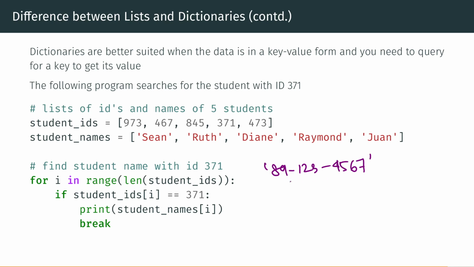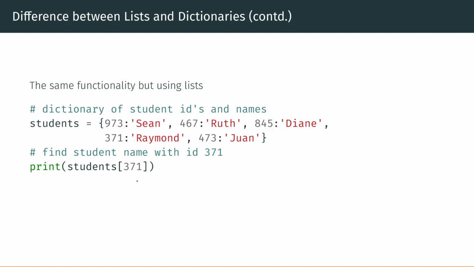You can also use strings instead, because dictionary keys can be numbers or text or floating points, anything. So instead of 371, you would say students, and then within square brackets 8 9 1 2 3 4 5 6 7.